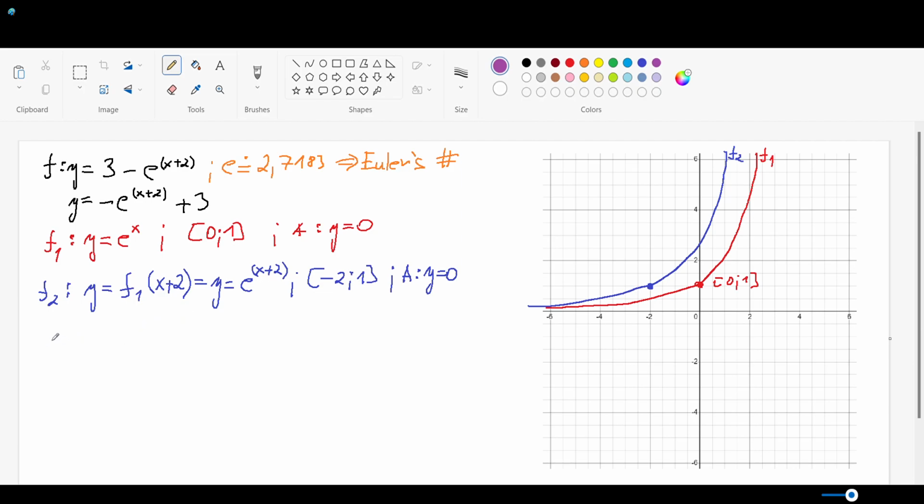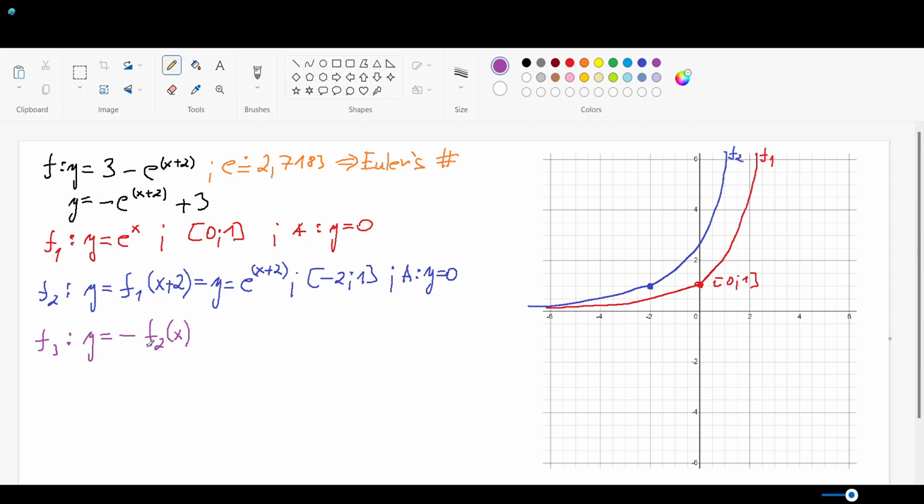The next transformation applies for my function f3, whose function value will be defined as the negative of the function f2.